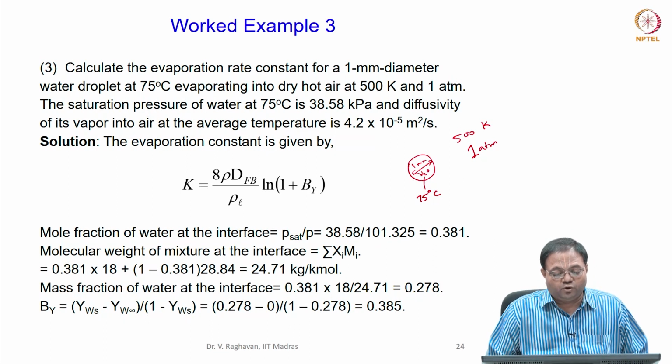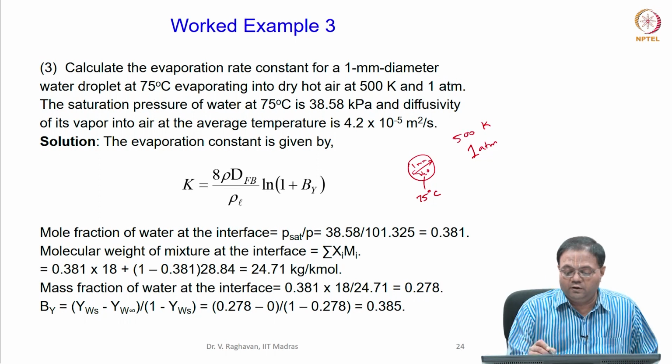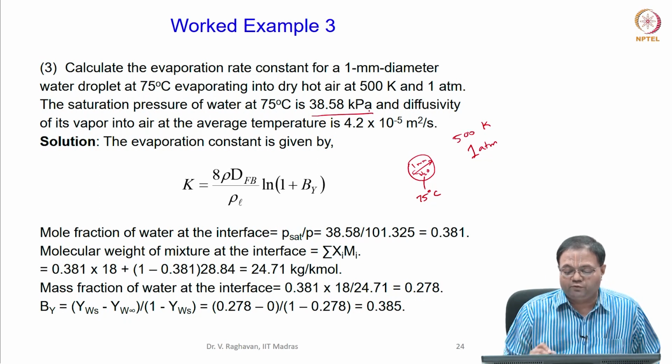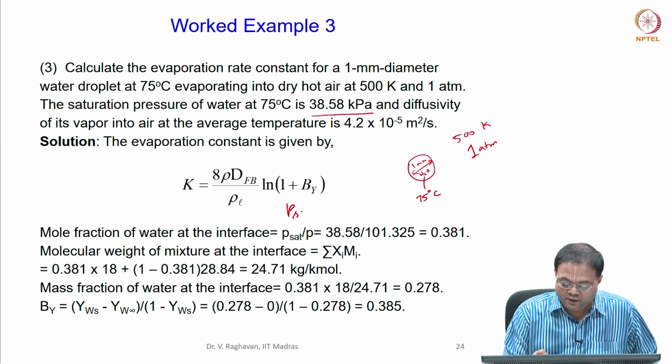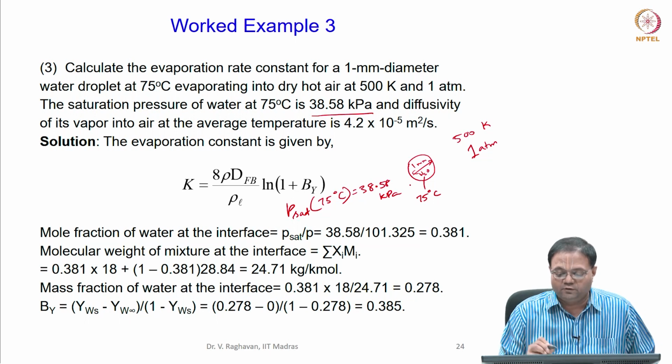The saturation pressure of water at 75 degrees centigrade is 38.58 kilopascals. Okay. So, P sat at 75 degrees centigrade is 38.58 kilopascal, that is given.